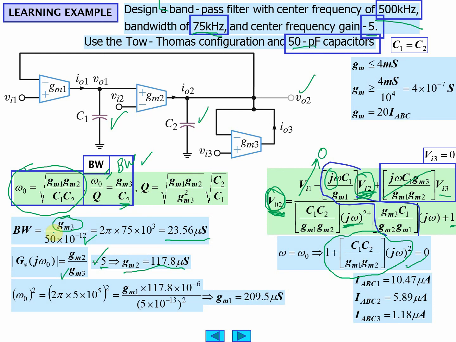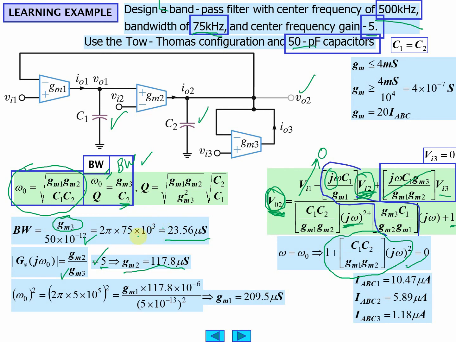This is the bandwidth. Does this imply GM3 has to equal 2 pi times 75 times 10 to the third?